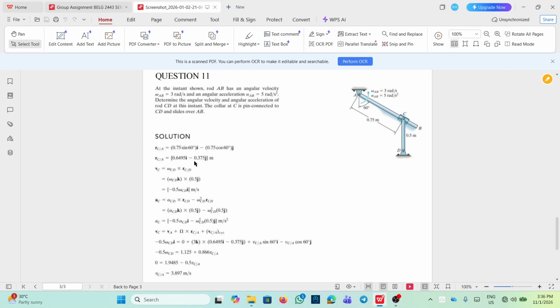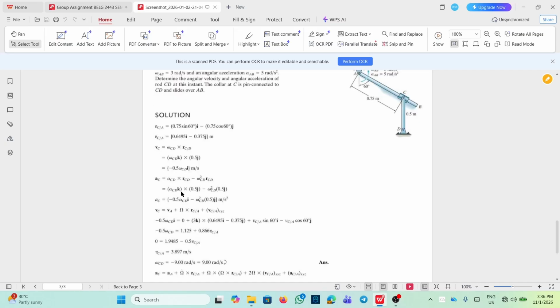Next, we analyze the velocity of point C. First, we consider rod CD as a rigid body rotating about point D. Using the rigid body velocity equation, VC equals omega CD times RCD. Then VC becomes negative 0.5 omega CD i meters per second, as the length of CD is 0.5 meters and it is vertical.